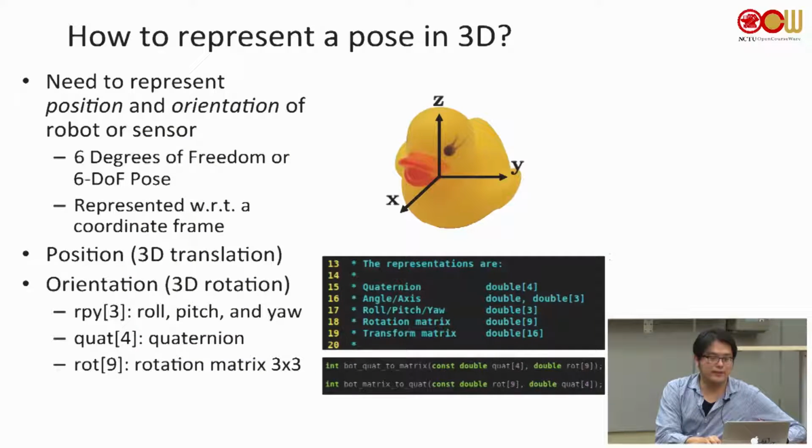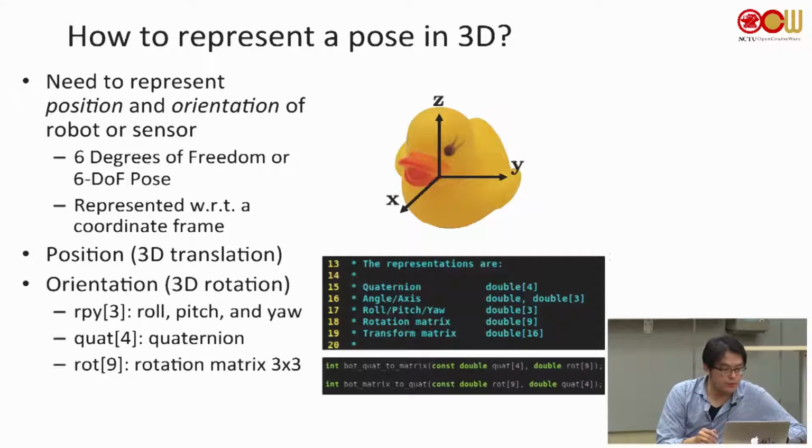The first thing is how to represent a pose in 3D. Since we are going to draw the map, draw the environment in RViz, we definitely want to give the Duckiebot the right orientation and position so that you can see the Duckiebot moving in the environment.